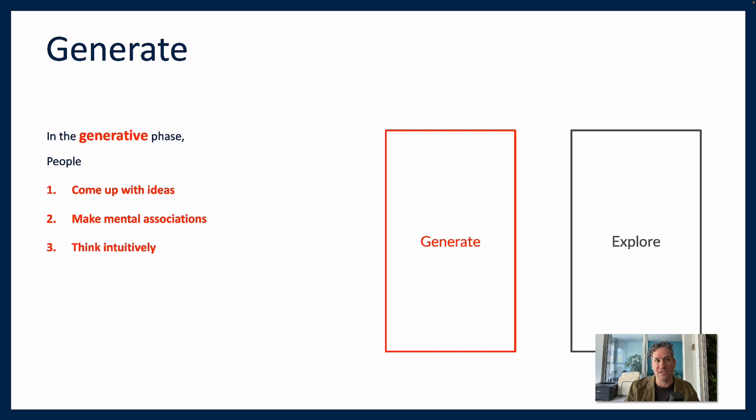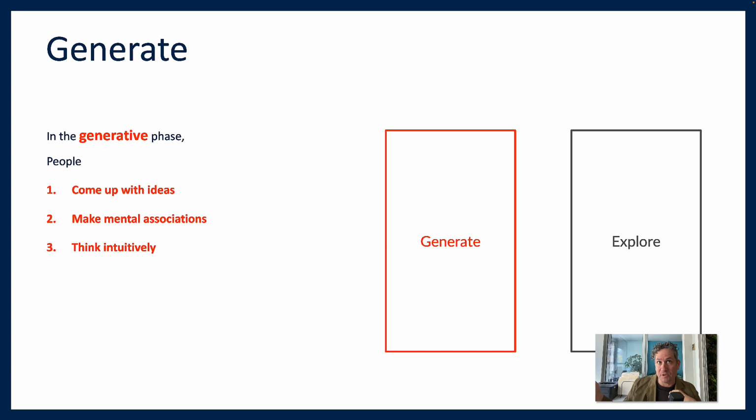Let's talk about that generative phase. When we're in that generative moment, what happens there? Well, people tend to come up with ideas. That's why it's called generative, right? That happens by making mental associations. And a lot of these mental associations tend to happen unconsciously. It's very associative.